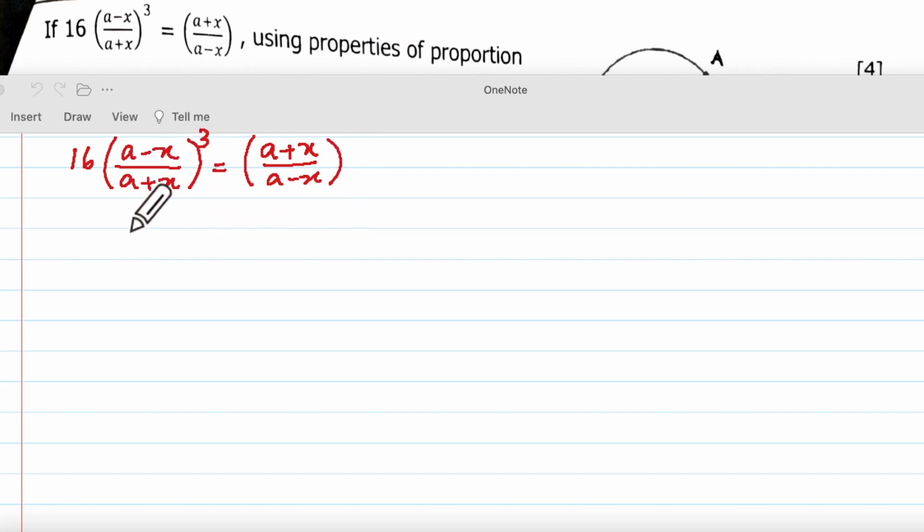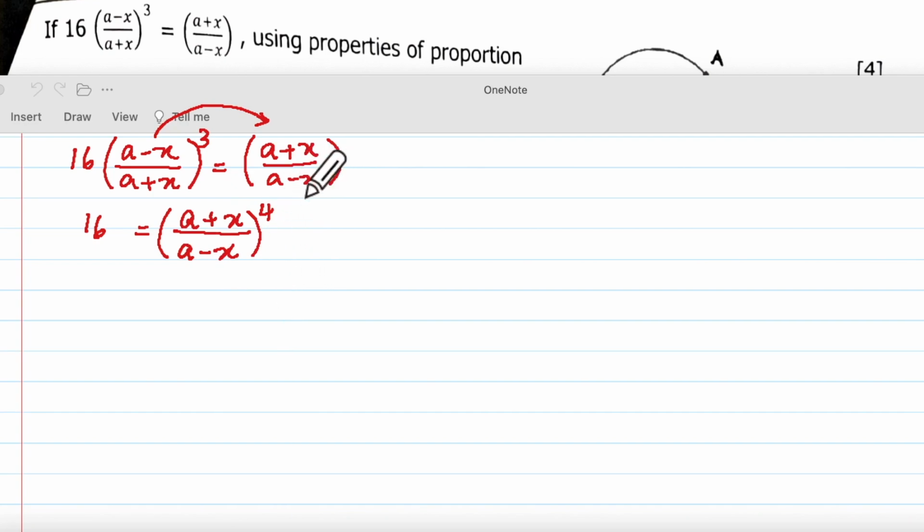Now if we take this side, then you'll have 16 equal to A plus X to the power 4, and this will come here and it will be upon A minus X whole bracket to the power 4. So in other words, we will have A plus X upon A minus X, the whole thing to the power 4.